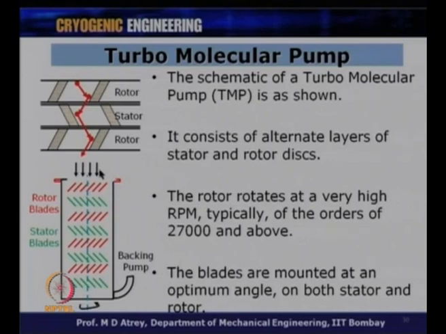The molecule will strike against these blades, it will be given a direction by the stator blade, again it will be given a momentum by a rotor blade, again the direction will be given by the stator blade, in order to see that the molecule will not go back but always goes down to the vacuum pump. So the direction is given by the blade angle, and the blade angles have to be correctly designed and manufactured at optimum angles. These angles have to be ensured on rotors as well as static blades. Both the blades will have to have the correct angle.